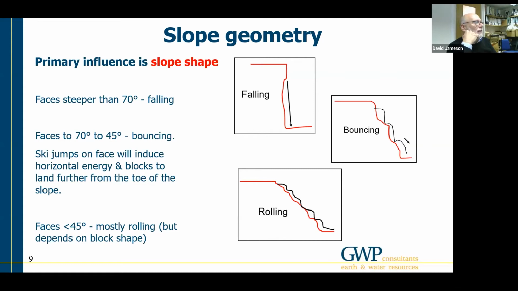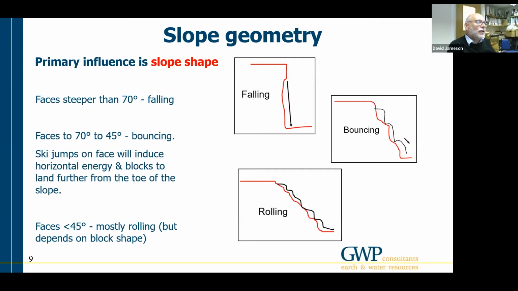For faces which are a little flatter, generally between about 70 and 45 degrees, you have the bouncing action, so blocks falling from the face can catch ledges as they come down and develop some horizontal velocities which kick them out from the face and can cause them to bounce quite wide away from the toe.